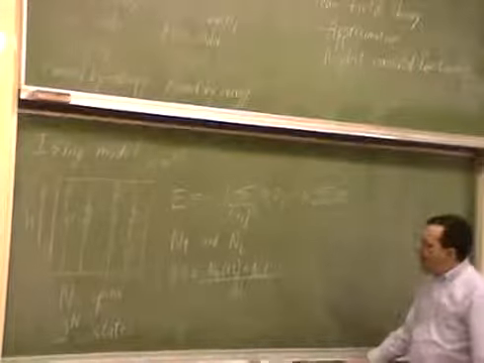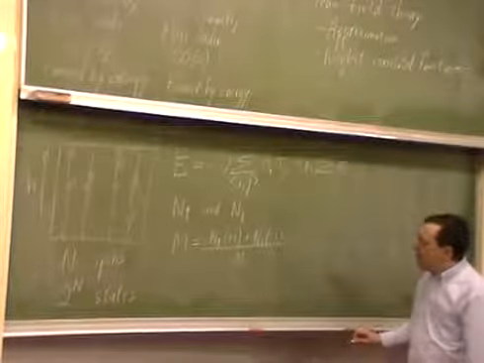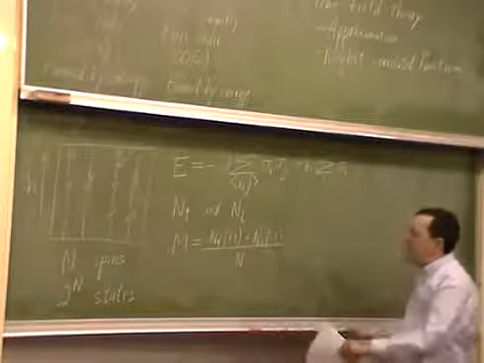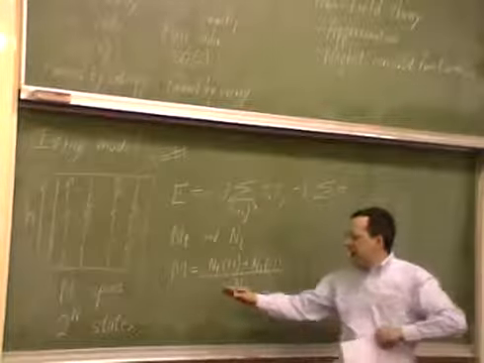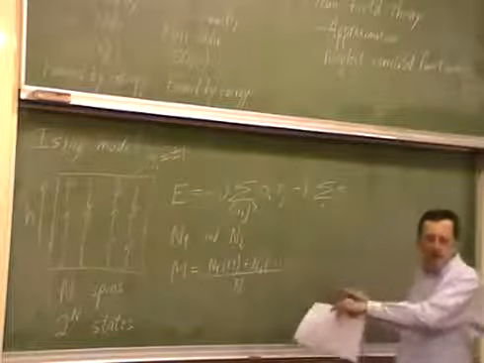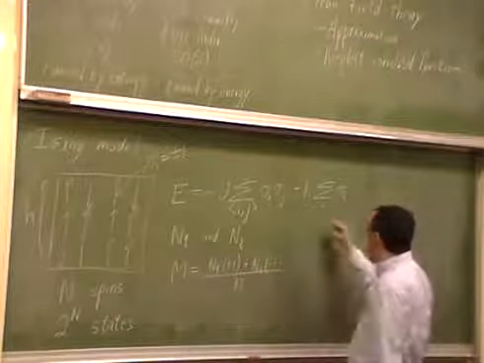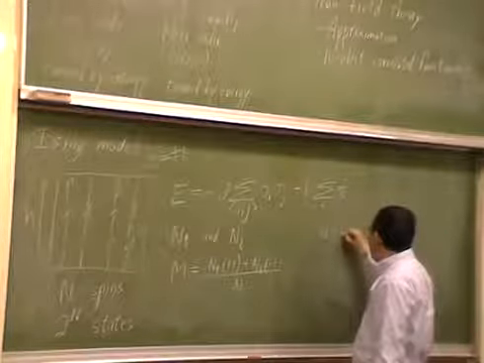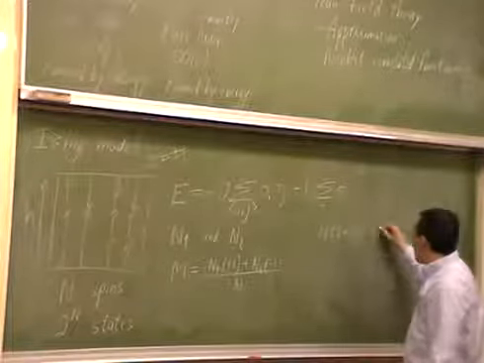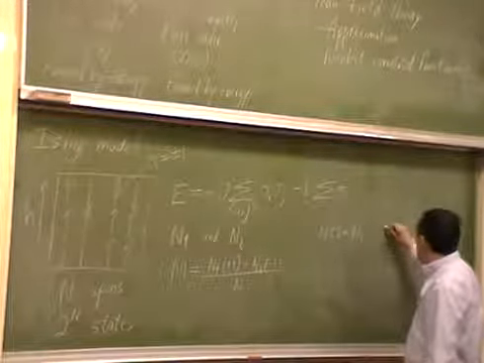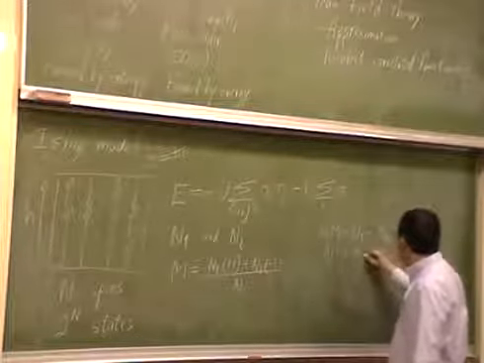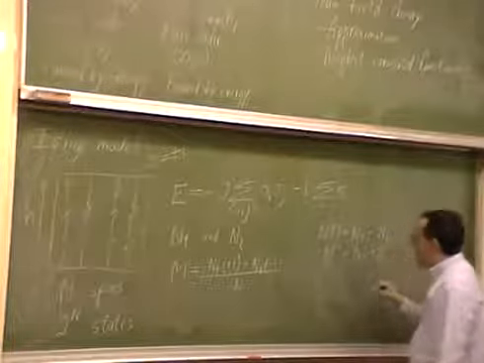Okay, so from this, I can easily figure out for any particular value of m, how many ups there are and how many downs there are, right? Because this equation is n m equals n up minus n down, and the total n is of course just equal to n up plus n down, right?